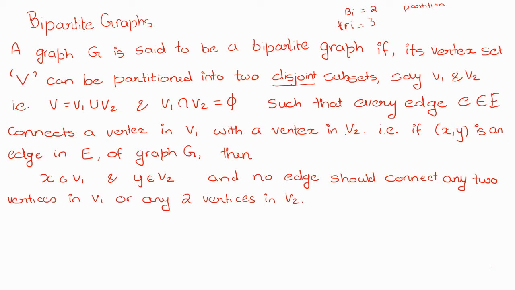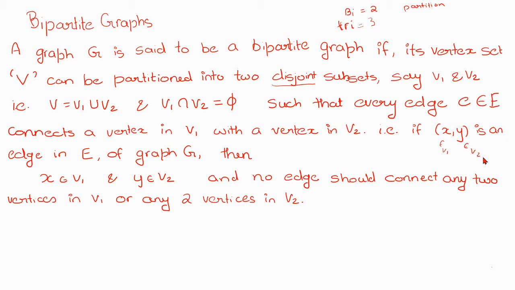So there exists a connection between those two subsets of vertices. That is, if (x, y) is an edge in E, then x belongs to V1 and y belongs to V2.